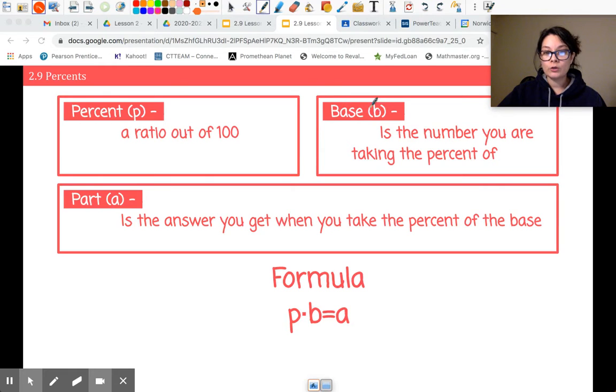Oftentimes, we'll refer to a part of our percent question as the base. Another way to think about this is the base is like your total. Or in other words, it's the whole.